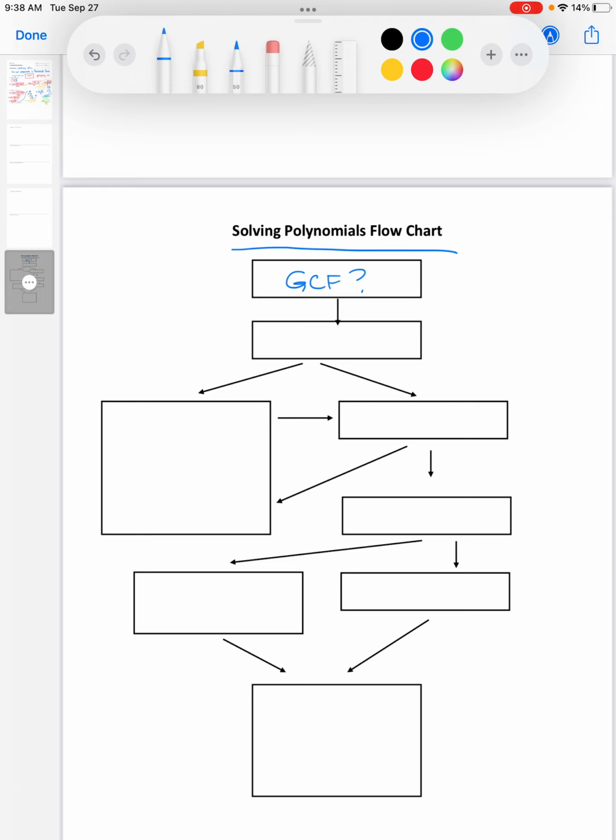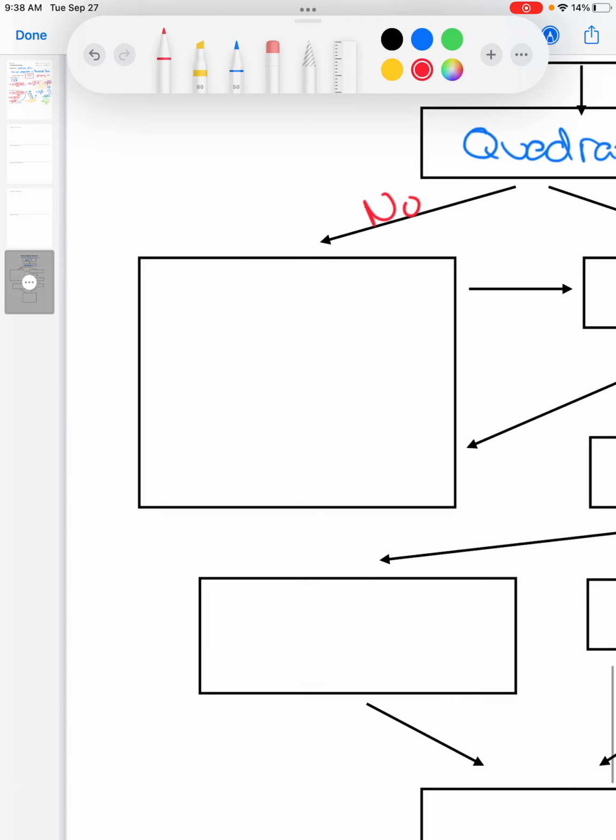Now we go to the next step and we ask ourselves, is it a quadratic? If it's not a quadratic, what do we do to factor? So if it's a cubic or a quartic, how do we factor those? Well, we factor using the rational root theorem.